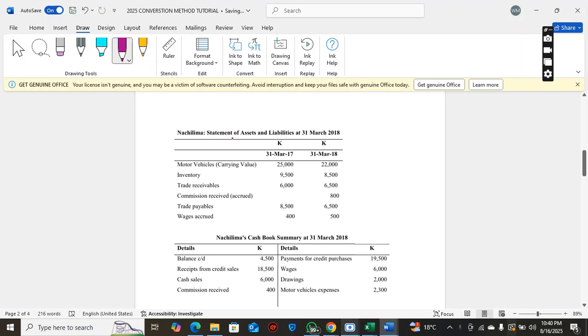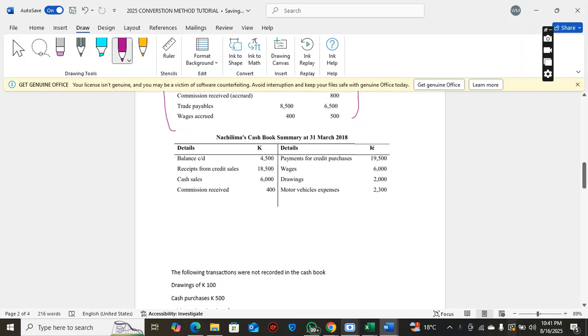Okay, Nachilima Statements of Assets and Liabilities at 1st March 2018. We've got this information for this person here, and we've got the cash book summary for Nachilima, which is here.